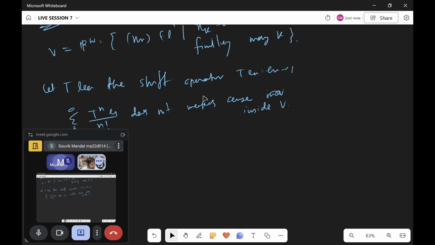T is the shift operator, T of e_n is equal to e_{n+1}. The point is that the summation of T to the power n e1 by factorial n does not make sense inside phi. So that is the argument.